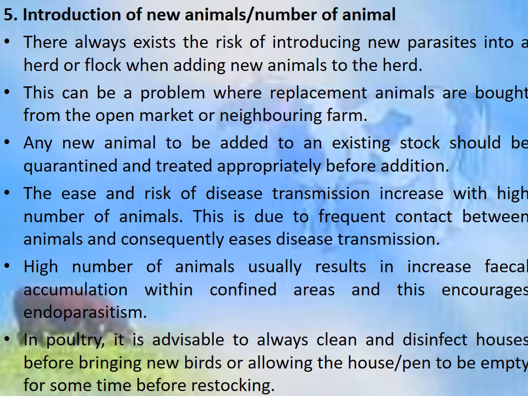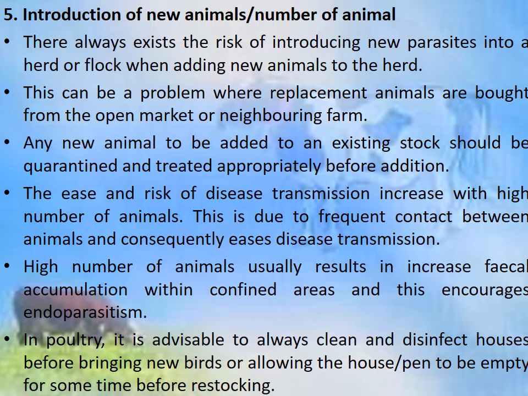This can actually be a huge problem where replacement animals are bought from the open market or from some neighboring farm. It is very important, therefore, that any new animal to be added to an existing stock should be well quarantined at least for 2 weeks and also treated appropriately before addition.